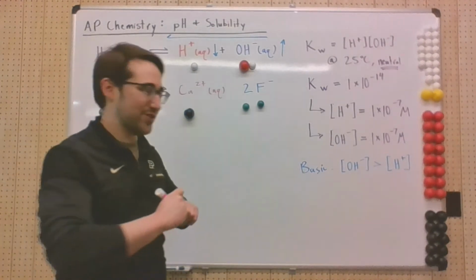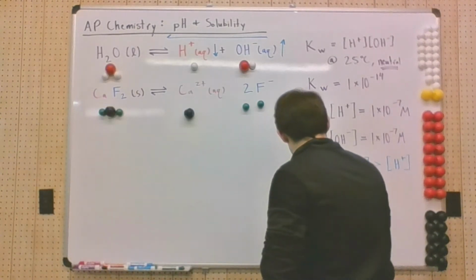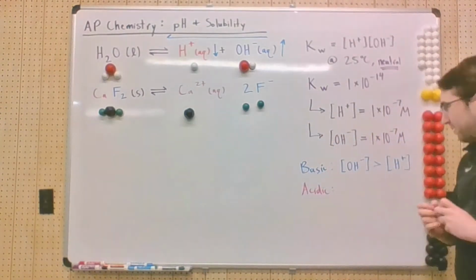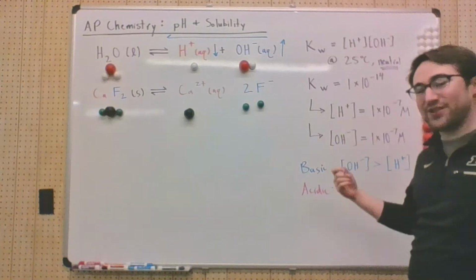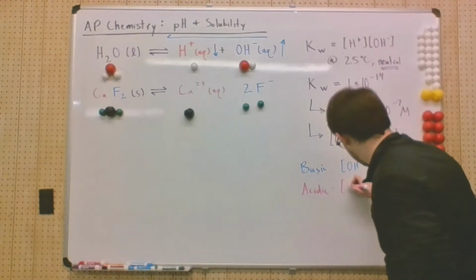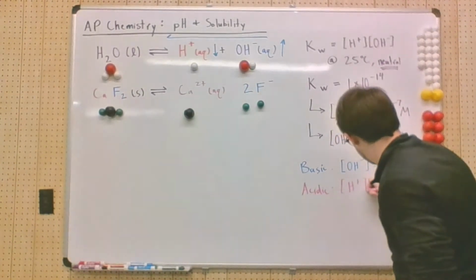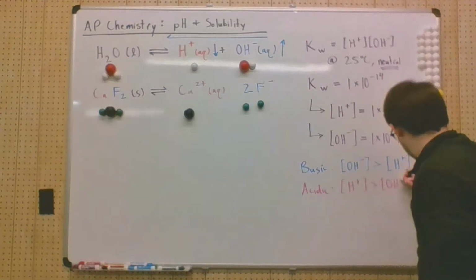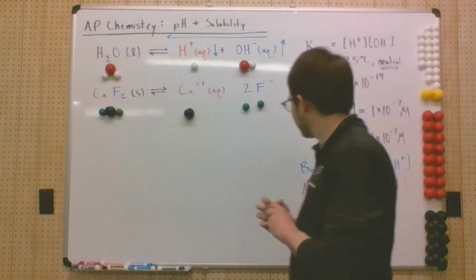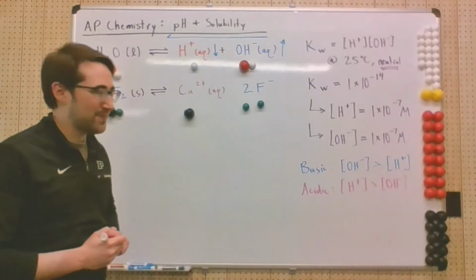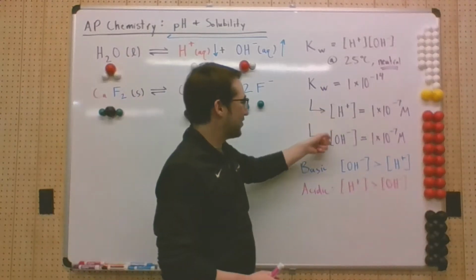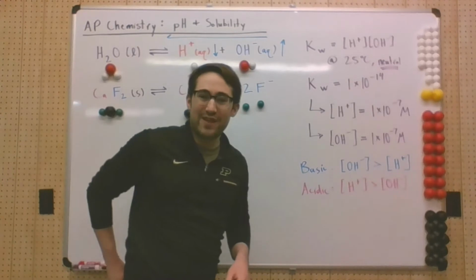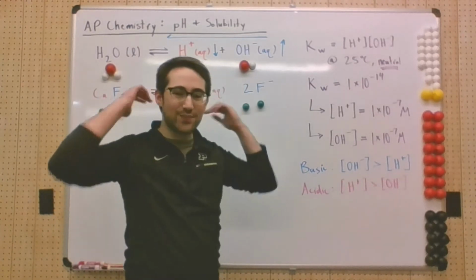In an acidic solution, we have a higher concentration of H pluses. Okay? Since we know what the usual concentration is when something is neutral for H plus and for OH minus, we can extrapolate that to a solution that is basic or acidic.